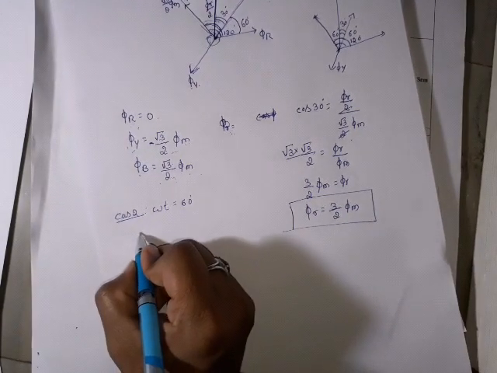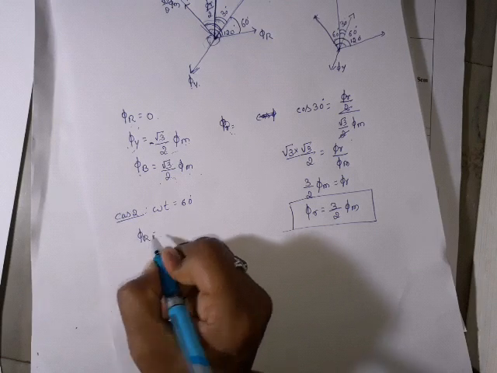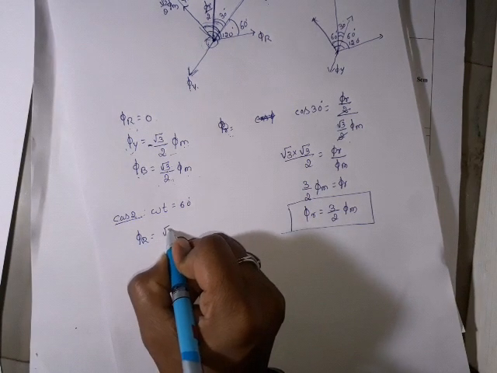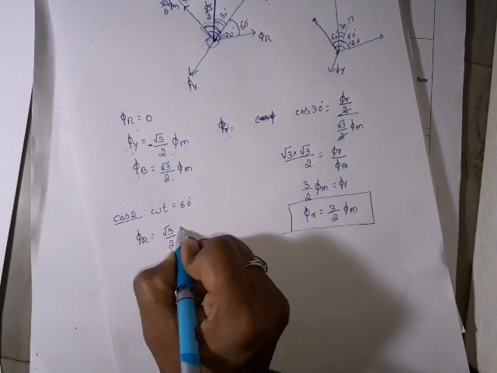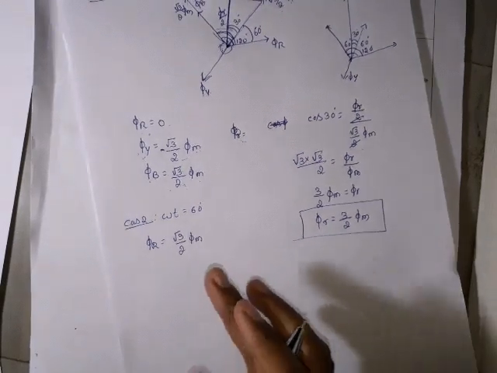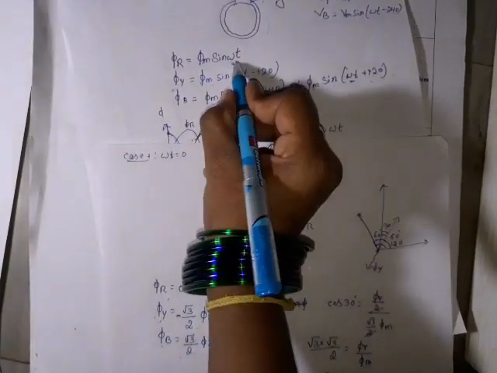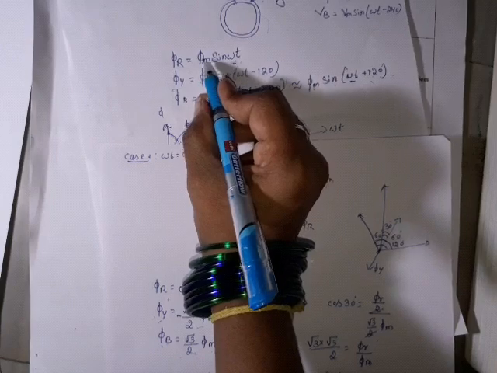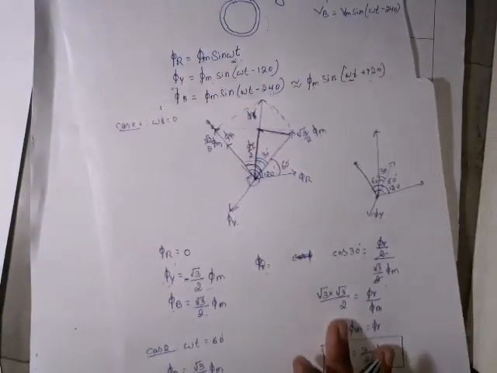Phi r is equal to phi m sin omega t. Sin 60 degree. What is the value of sin 60? It is root 3 by 2. Root 3 by 2 times of phi m. You just need to substitute the value of omega t in this equation.